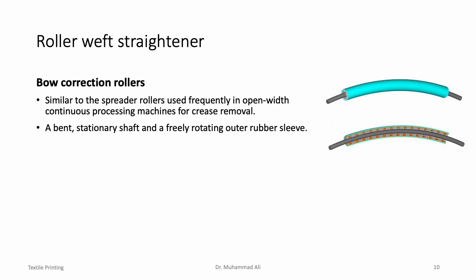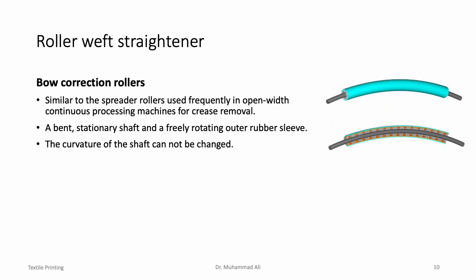If we look at the structure in a bit more detail, then in these curved rollers or bow rollers, there is a stationary shaft which is of course curved in the profile as shown in the image here, and an outer rubber sleeve which is free to rotate on this curved shaft. Now the curvature of the shaft cannot be changed because it is a solid steel shaft.